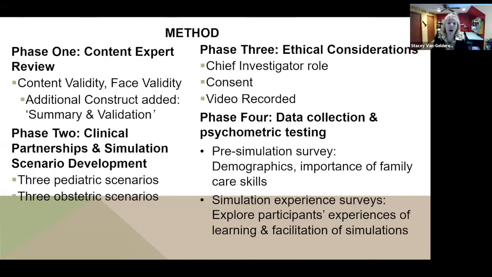So we had a total of 11 content experts that reviewed the constructs within the tool itself, within the rubric itself, and really measured for content validity and face validity. We did a really robust literature review again, because there was a gap between 2016 and 2019, so we wanted to go back in literature, make sure we didn't miss anything, and that's where we surfaced the summary and validation construct. We felt that needed to be added to the tool at that time, as I described earlier.